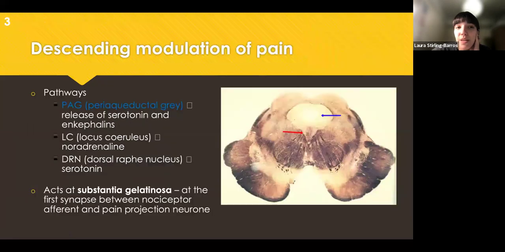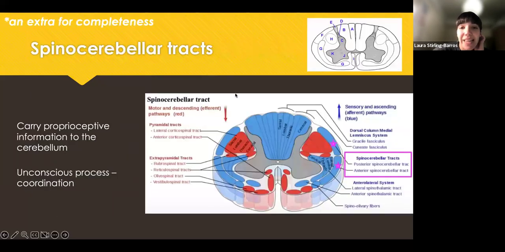Cool. And just for completeness, there's another part of the somatosensory system that you have to know about, aside from the dorsal column and the anterolateral system, which is the spinocerebellar tracts. And this one sounds a bit more like what it carries.